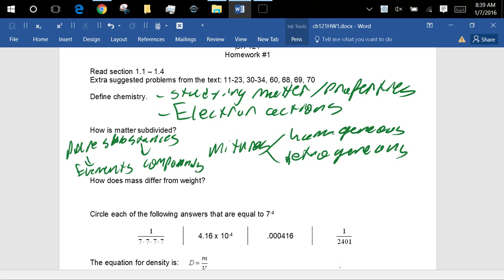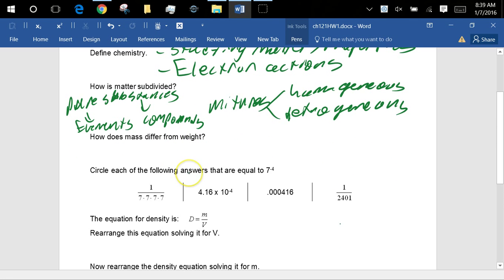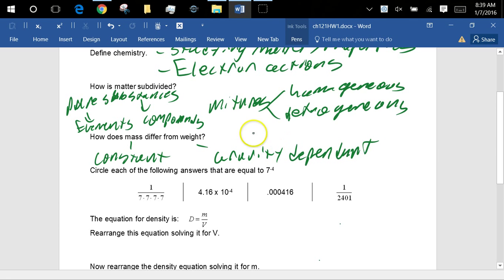Mass and weight, how do those two guys differ? Mass will always be constant. Weight depends on gravity. You could say that weight is dependent upon position.